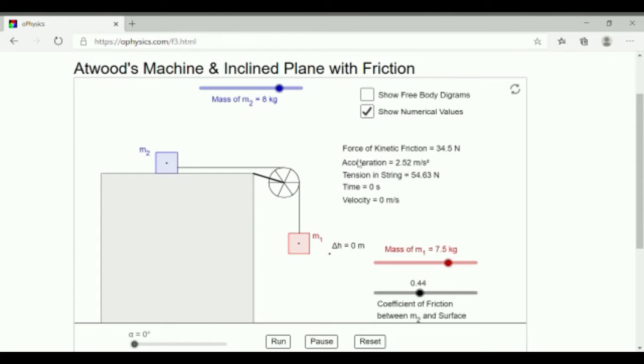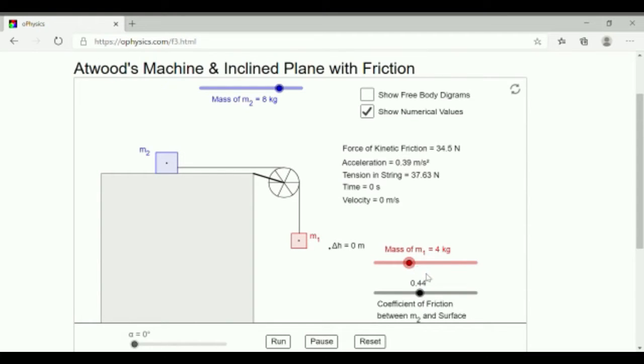Click here to show the force and acceleration, time, velocity. From here, the red box is the mass of M1. I will put it 4 kilogram.